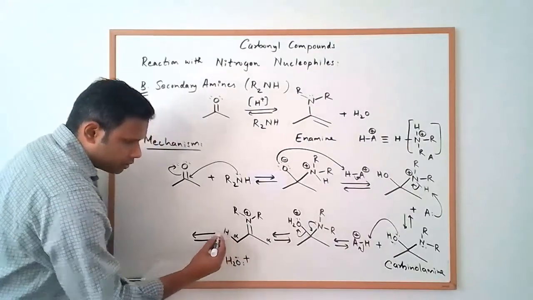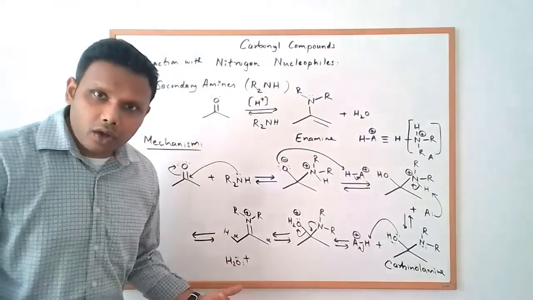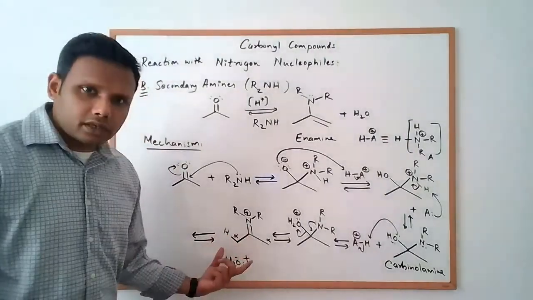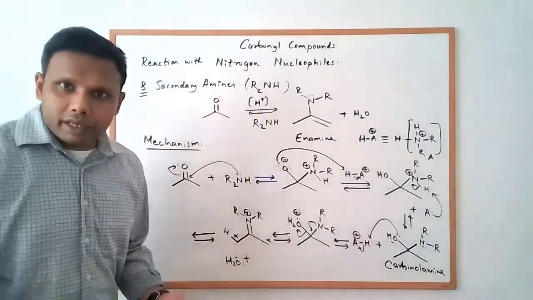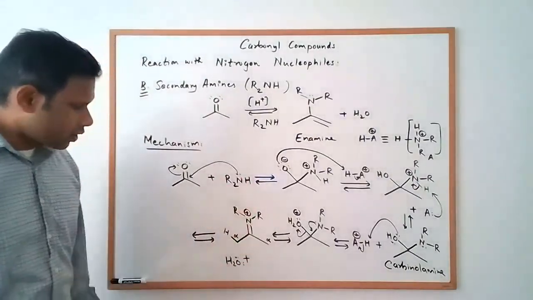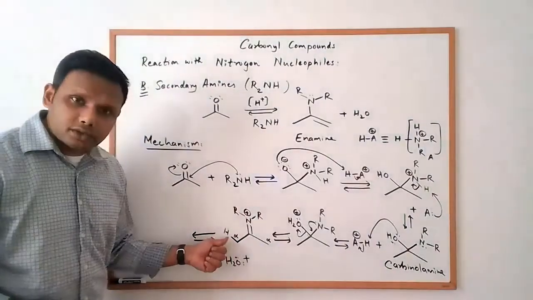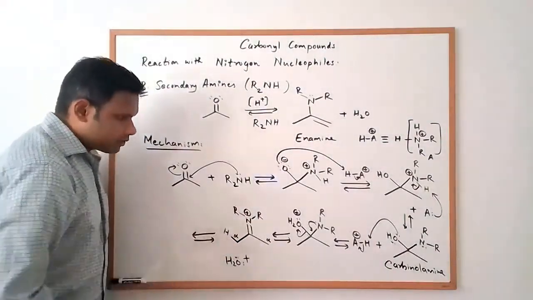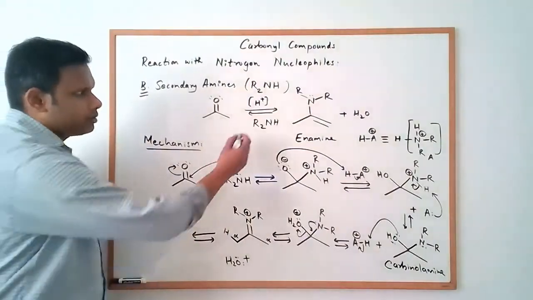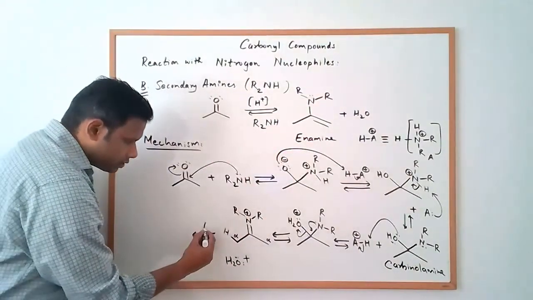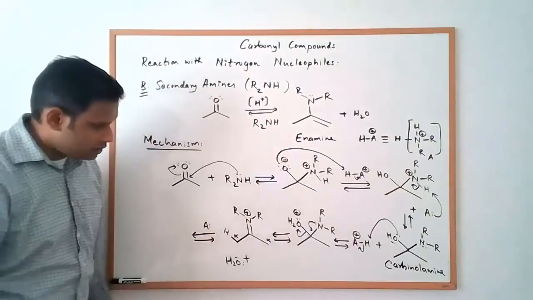Now, depending on your carbonyl compound, you may or may not have three alpha hydrogens on each side. You may only have two, depends on your specific carbonyl compound. But as long as there is an alpha hydrogen present here, this alpha hydrogen can be deprotonated by another A, or it could be this water molecule. Let's just use the A for consistency here.